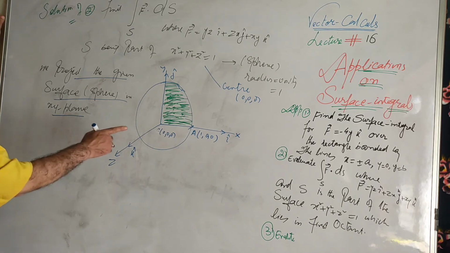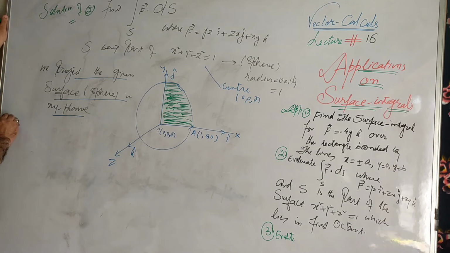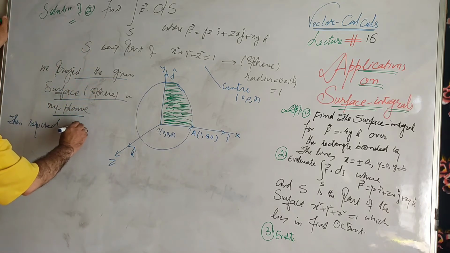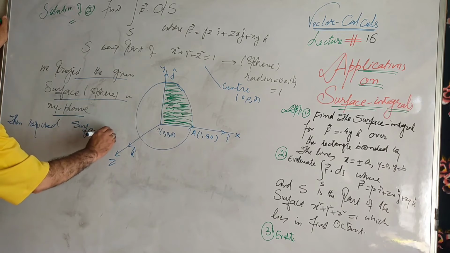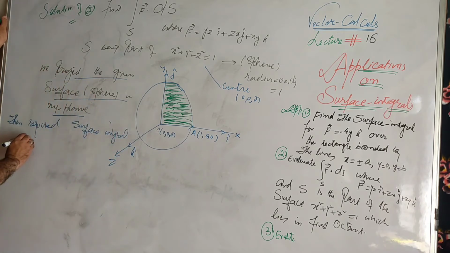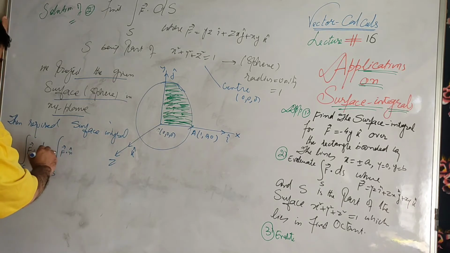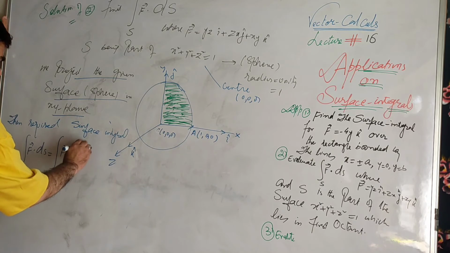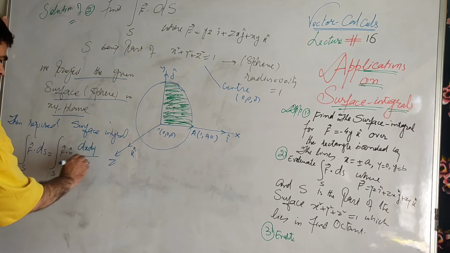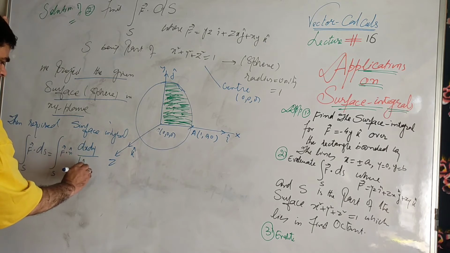Yes, when we project in the xy plane, then the required surface integral, remember this, go to lecture number 15, is given by: integral over S of f dot ds equals integral over S of f dot n, where n is the unit outward normal to the surface, times dx dy divided by n dot k.